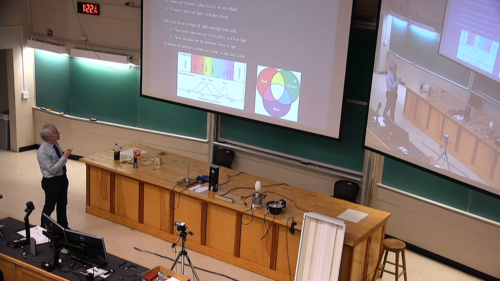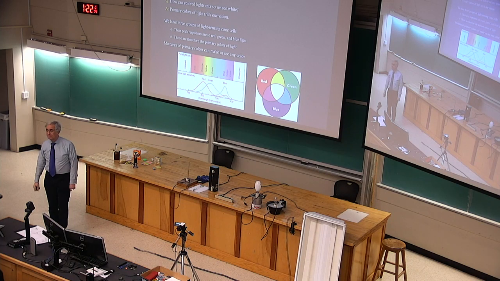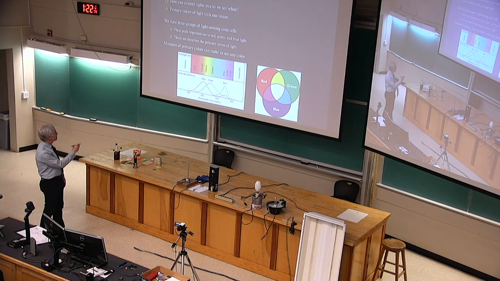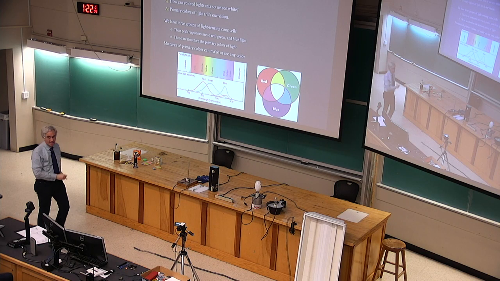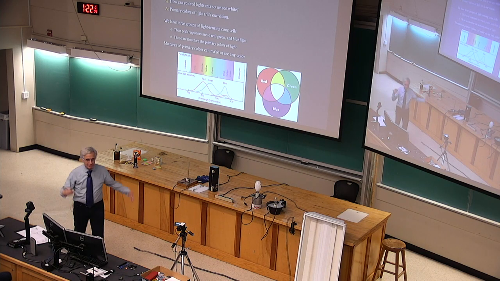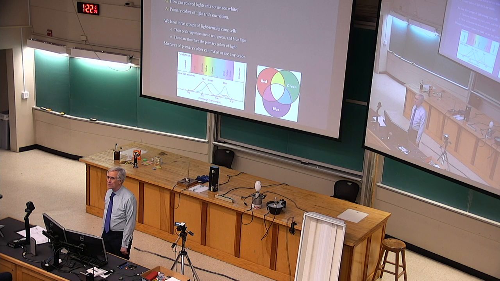They have cone cells that don't distinguish red and green very well. Their spectrum of sensitivity is not like this. It's a little less complete, and therefore they can't distinguish these two colors very well. So this whole end of the spectrum gets a little bit muddied. All right. Other questions? Otherwise, okay, I'll go on.